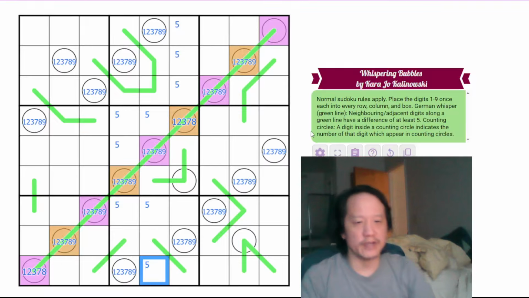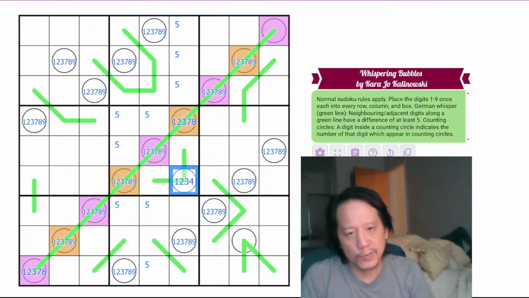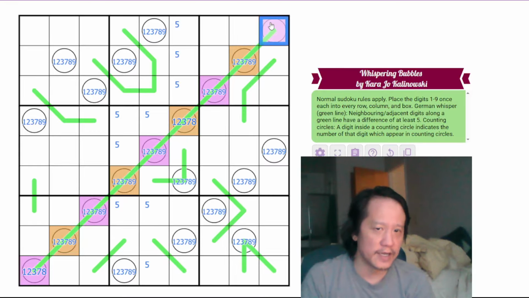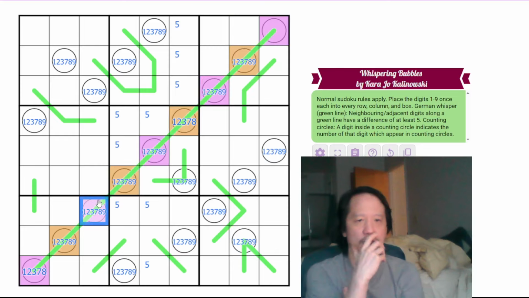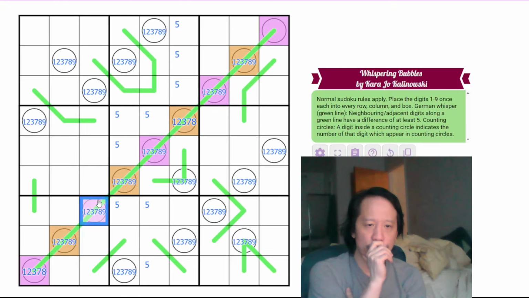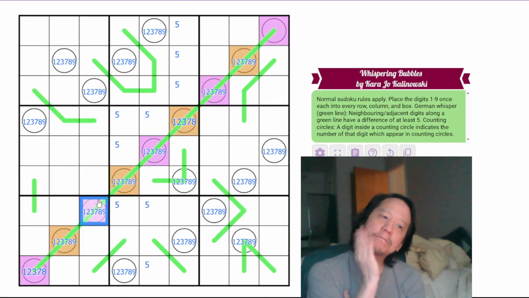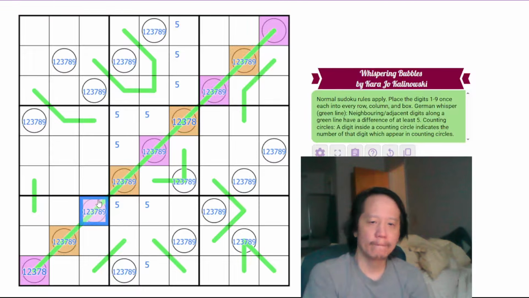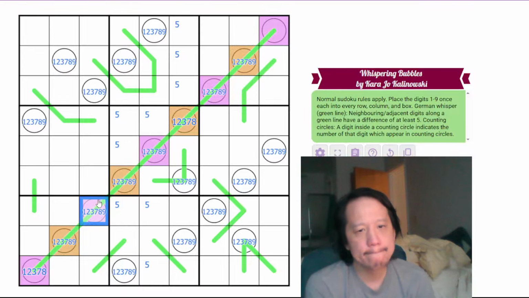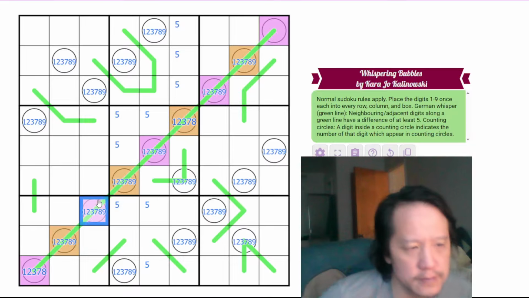Technically the 1 could be outside. Could be not on the diagonal, technically. Hold up. 1, 2, 3, 7, 8.